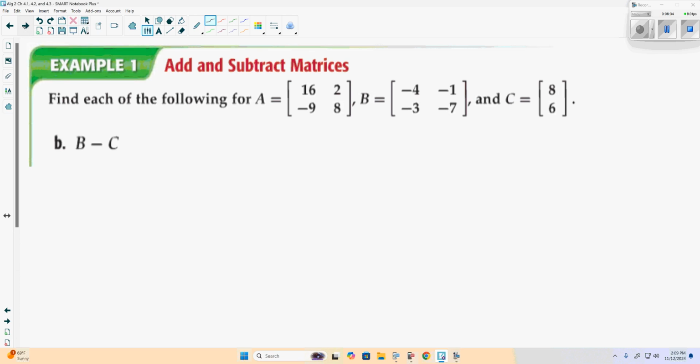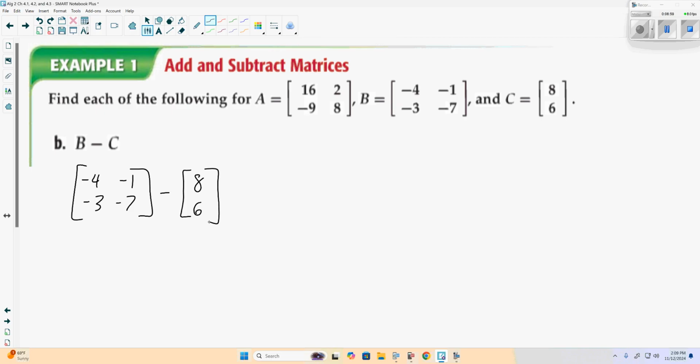So we want to do B minus C. What are the dimensions of B? 2 by 2. Okay. So we have -4, -1, -3, -7. Minus C is almost. Because how many columns or how many rows do we have? 2 by 1.